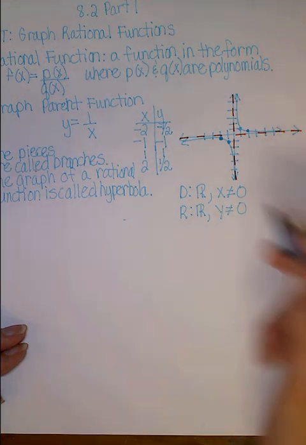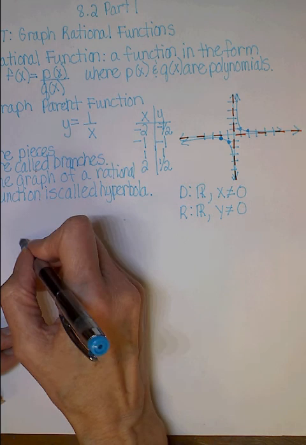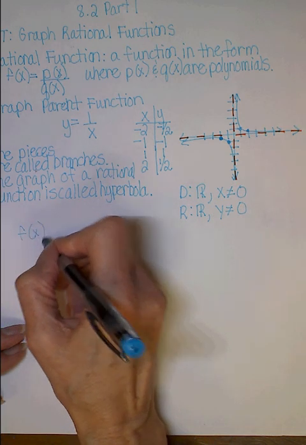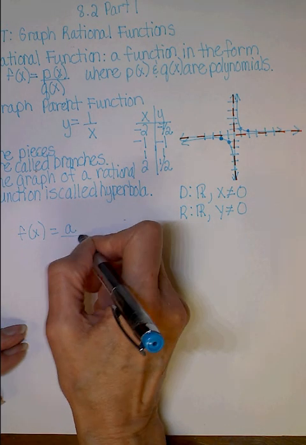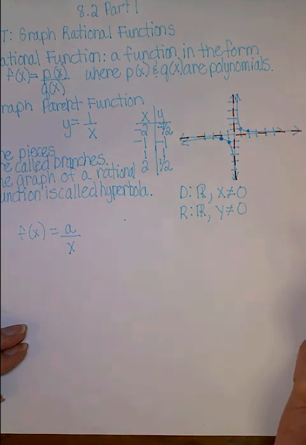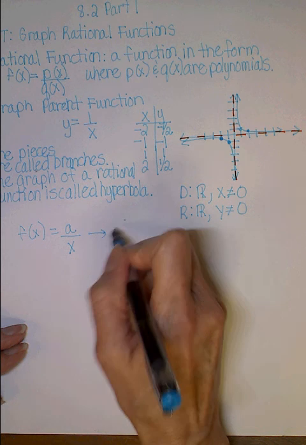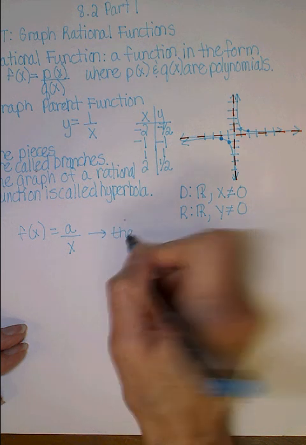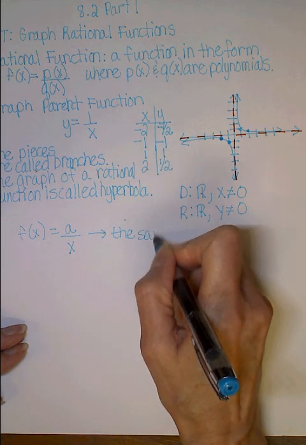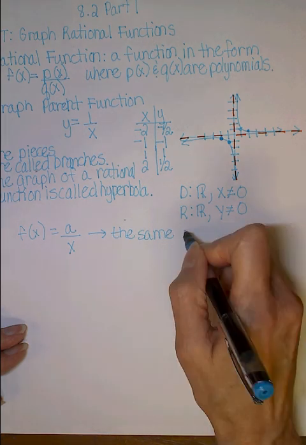Okay, when it has this basic form, where you have a number on top and just x on the bottom, in this basic form, you're going to have the same asymptotes and the same domain and range.